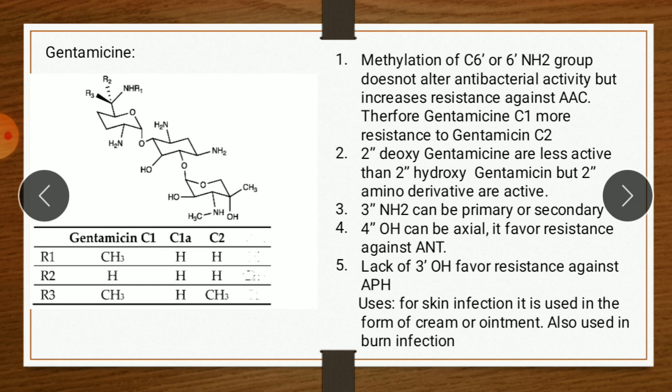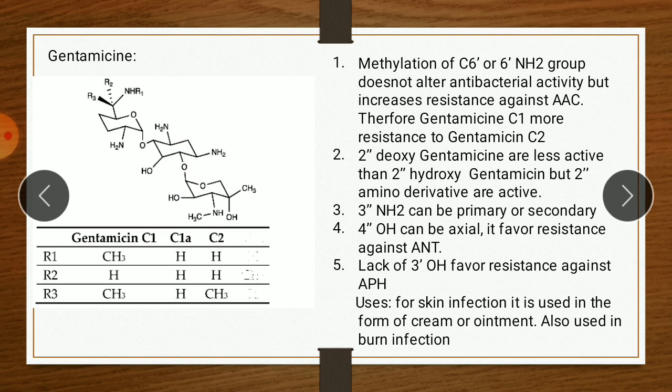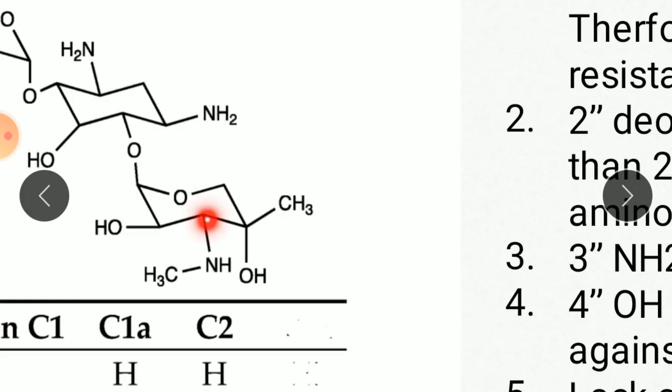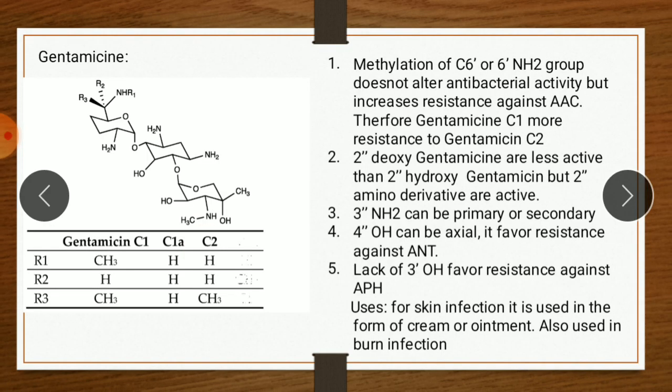On the below ring, the attachment is 1, then 2 double dash, then this is 3 double dash. So 2 double dash deoxy gentamicin means if we remove this hydroxyl group, then the compound is less active compared to the compound which contains the hydroxyl group at the 2 double dash position. If we replace this hydroxyl group of the 2 double dash position with an amino group, then the compound is inactive.